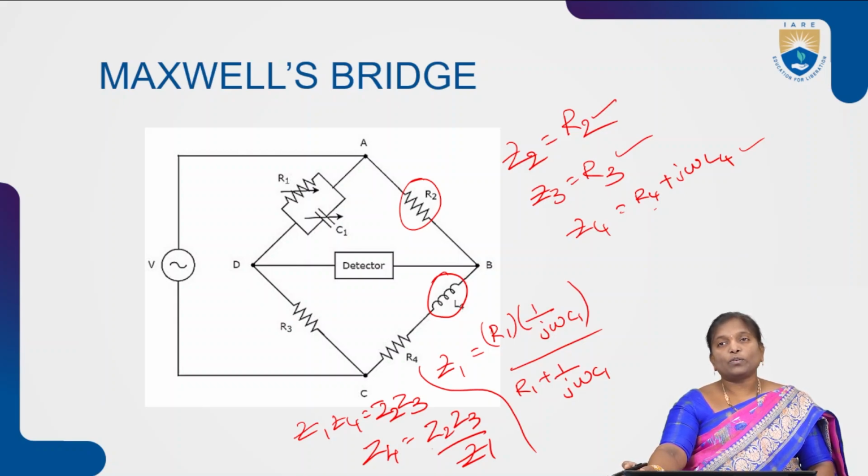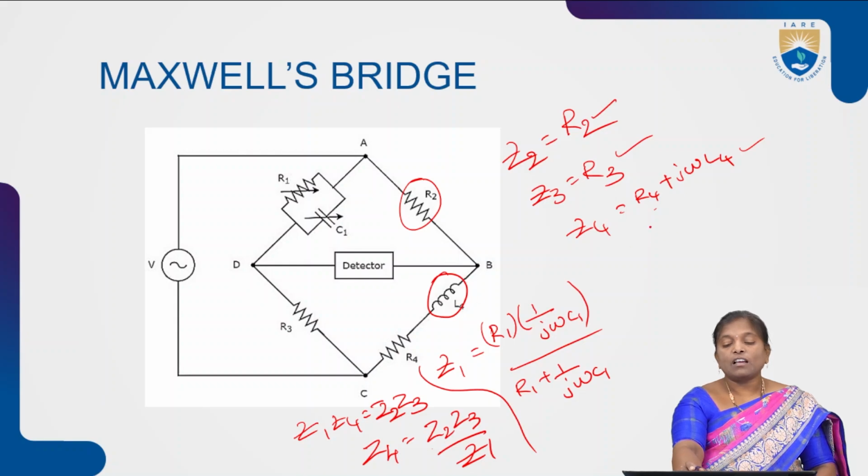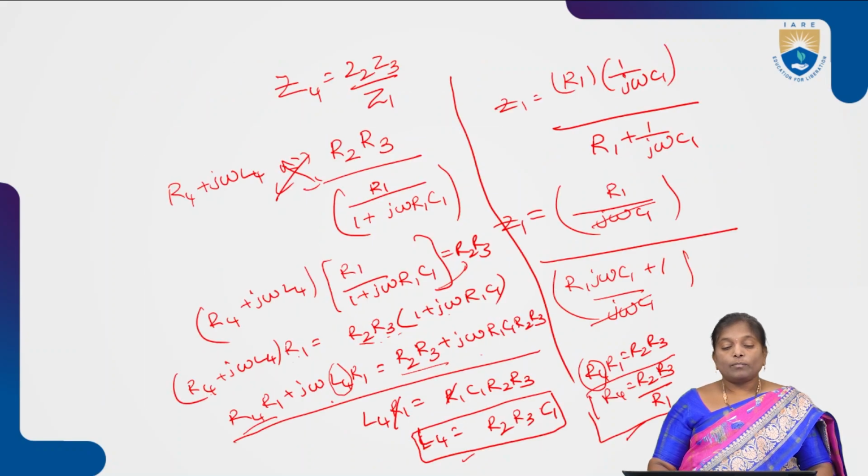And Z4. Across the fourth arm we have a series combination of resistance and inductance, that is R4 plus j omega L4. Now we have four arms Z1, Z2, Z3 and Z4. Substitute all the four arms in the balanced bridge condition.